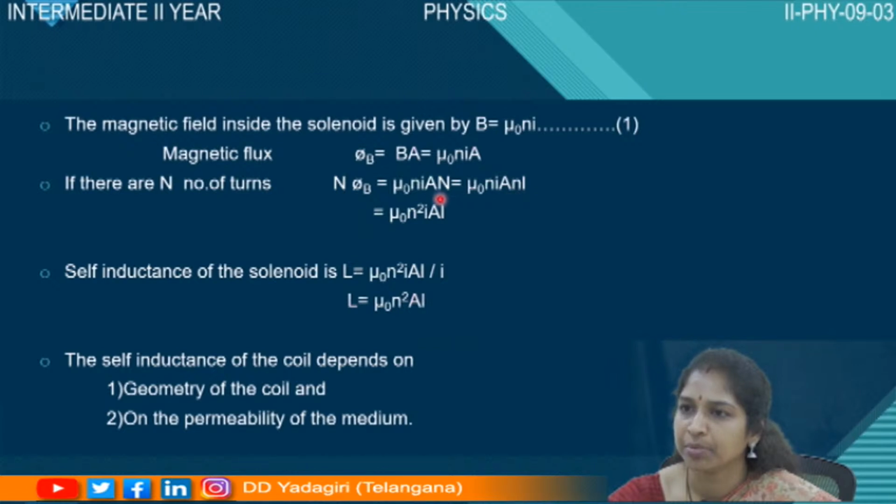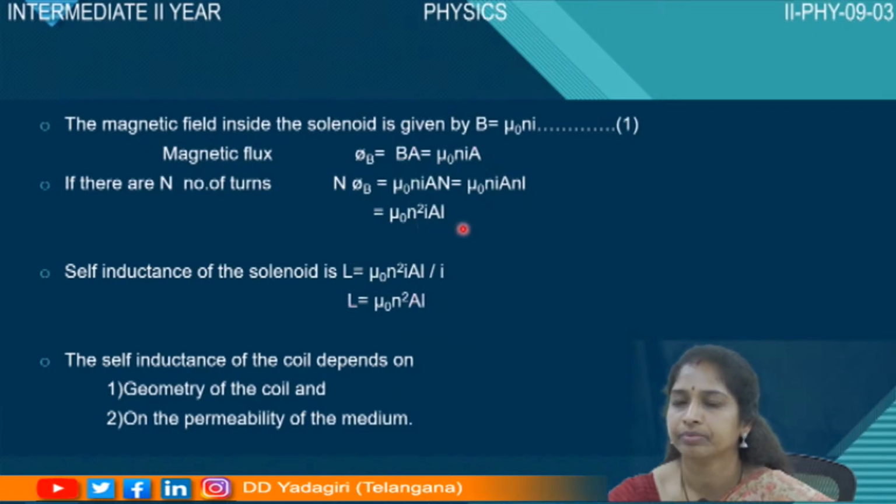So small n is capital N by L, and capital N is n into L. So N phi B, the flux linked with N number of turns, is mu naught nIA n L. Here n into n is n square. So we get the total flux due to N number of turns in a solenoid as mu naught n square IAL.